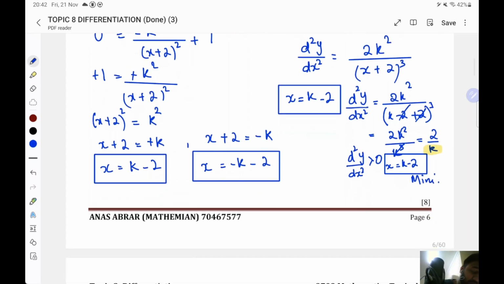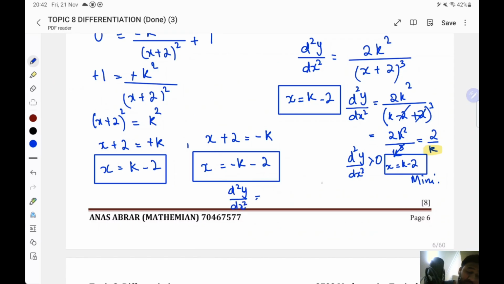Similarly, we are going to do the same for the other value of x. For x equals negative k minus 2, we substitute into d square y over dx square.